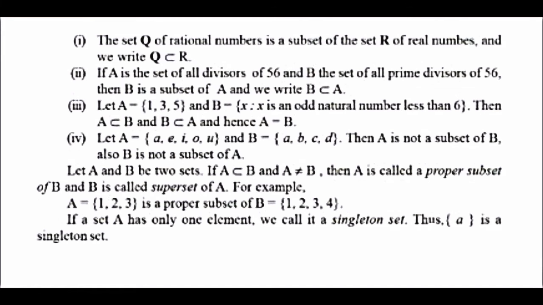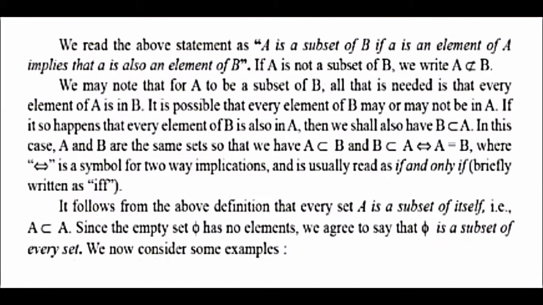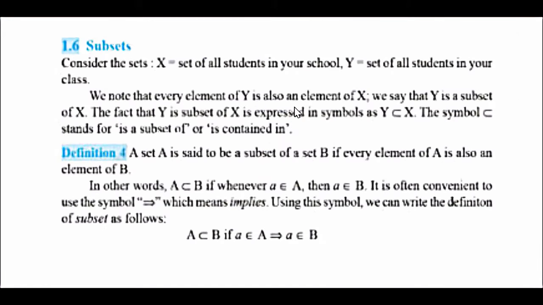Y is a subset of X, and in a similar manner we can say that X is the superset of Y. What we say here is that all the boys or girls or class members are inside this major set.